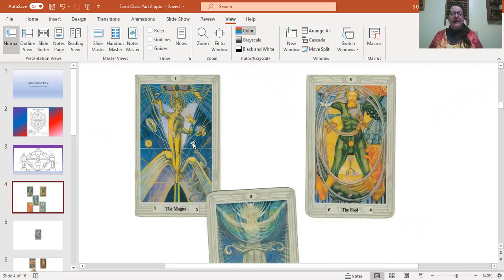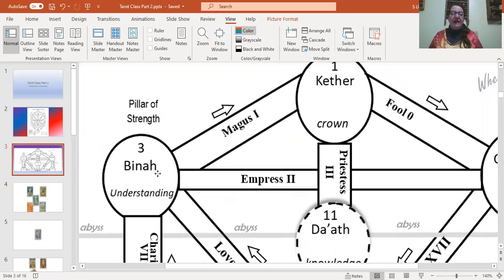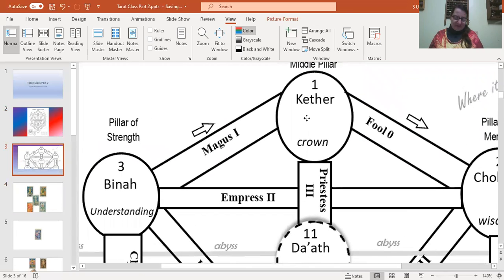This is indicating that he is that line between hard work and understanding. Binah is how you pronounce this, that's Hebrew, but the understanding and divine takes hard work, and he is that stretch, the mage. So that's what the meaning is of these 2 cards.